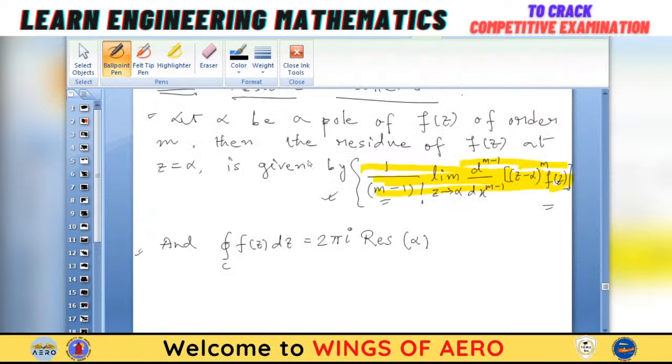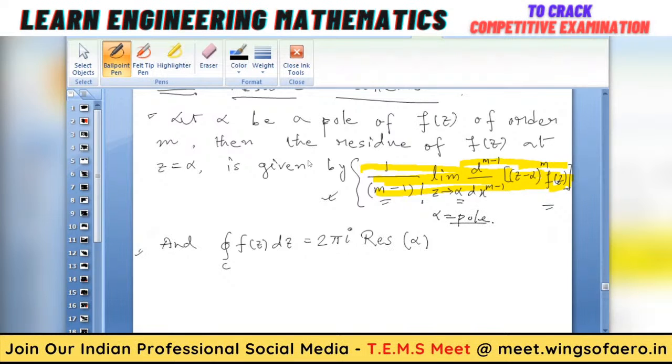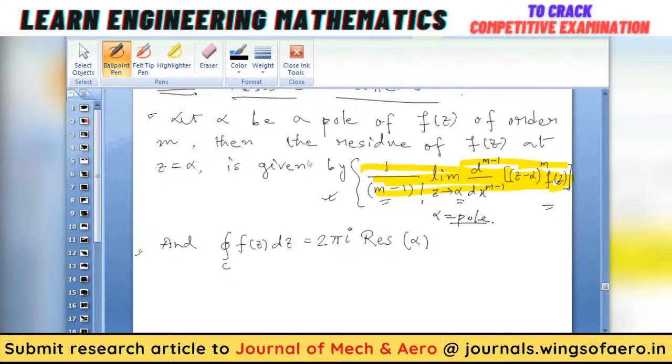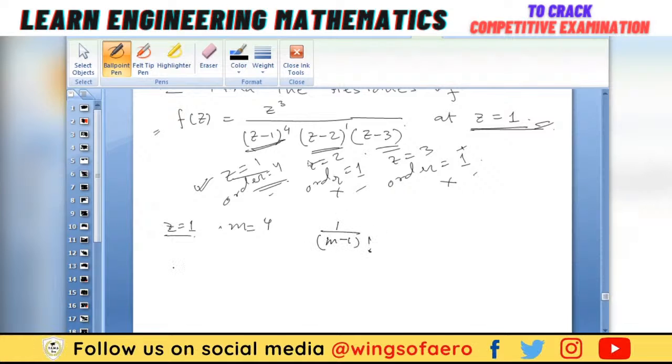Now simply we will apply the formula. What is the formula? 1 by m minus 1 factorial. What is alpha? Alpha is the pole.